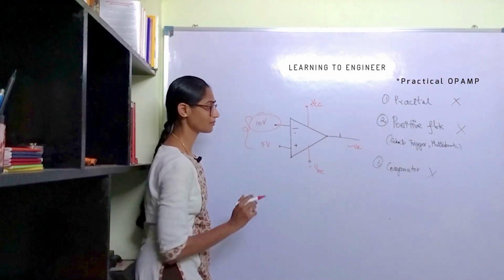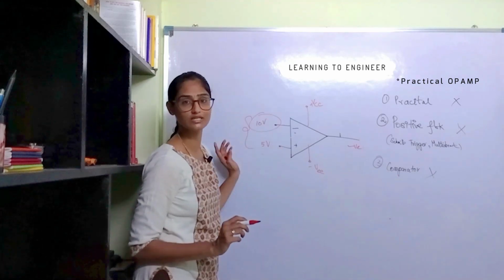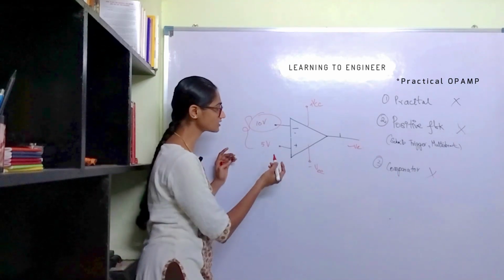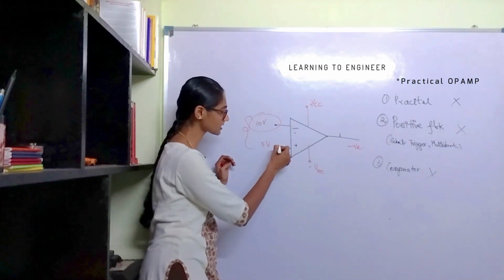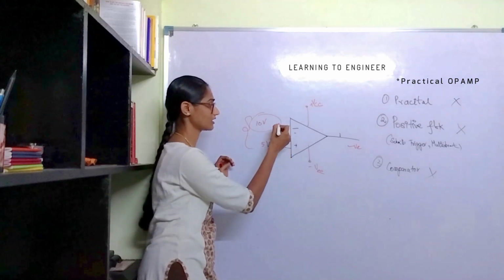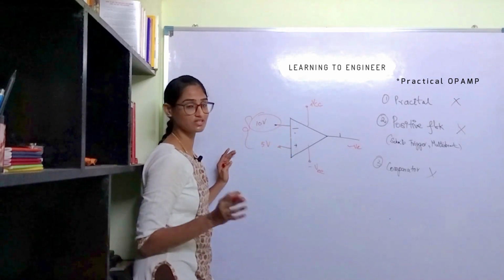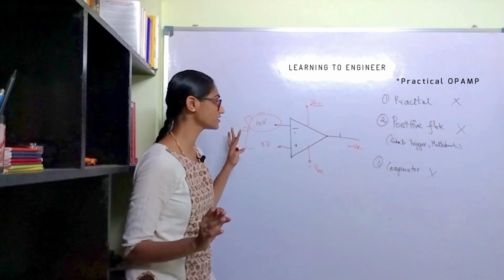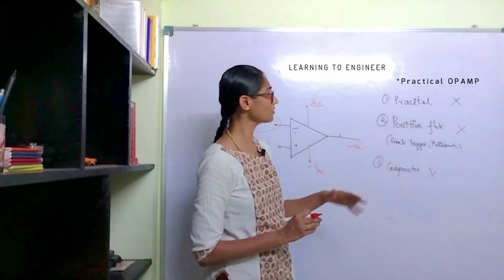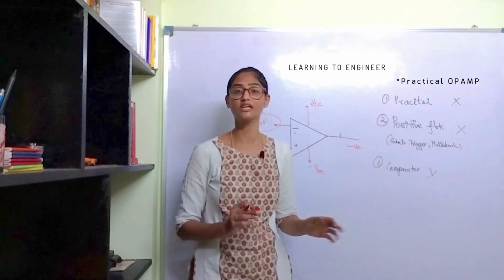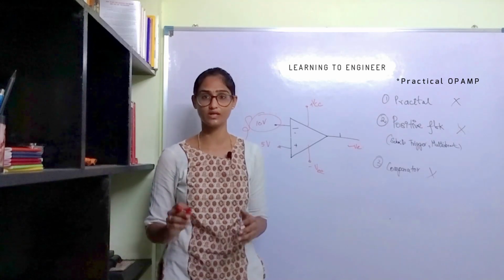So this is a comparator and we do not have a feedback resistor over here. In that case, we cannot say that this terminal's voltage is tracked by this and so on. That is not applicable. The purpose of this circuit is entirely different. So in these three cases, we cannot use the concept of virtual ground.